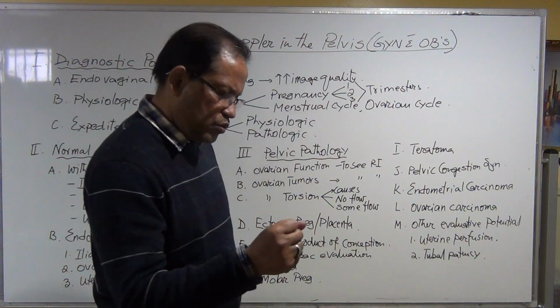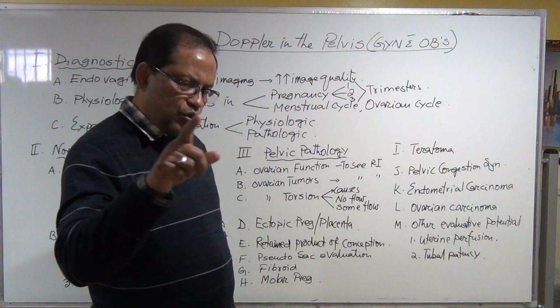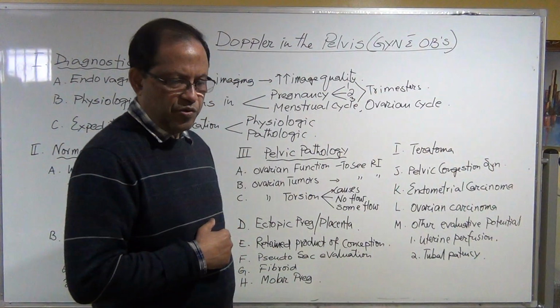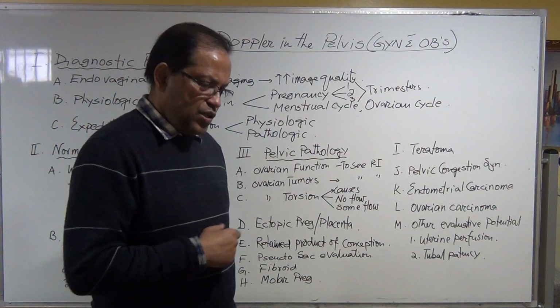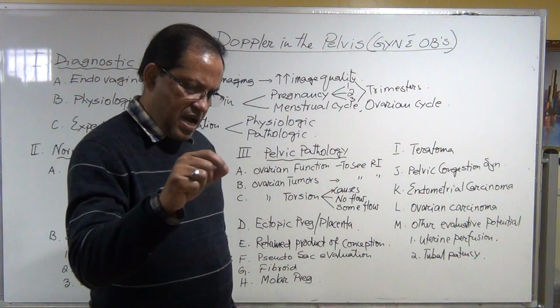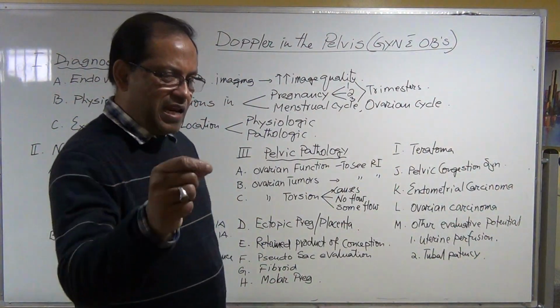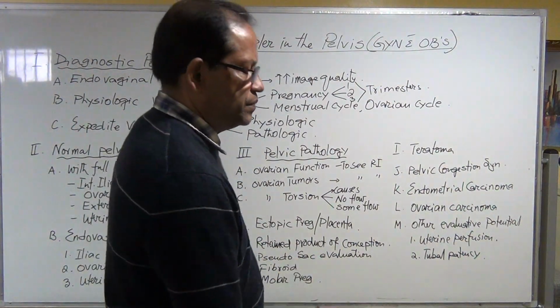They inject the dye through the uterus, and the dye will go through the fallopian tube if it is patent. And sonographically you can see the dye is passing. If you click the color, you can see the color too, because the dye is in motion.